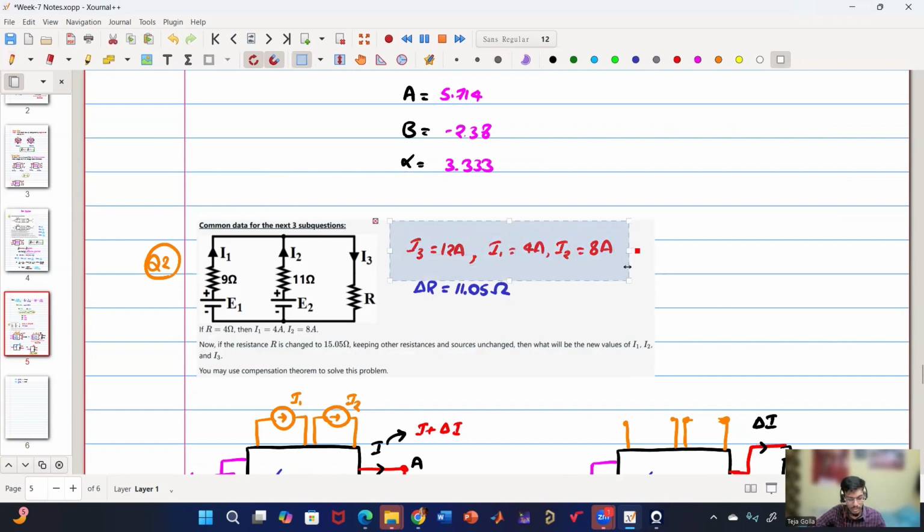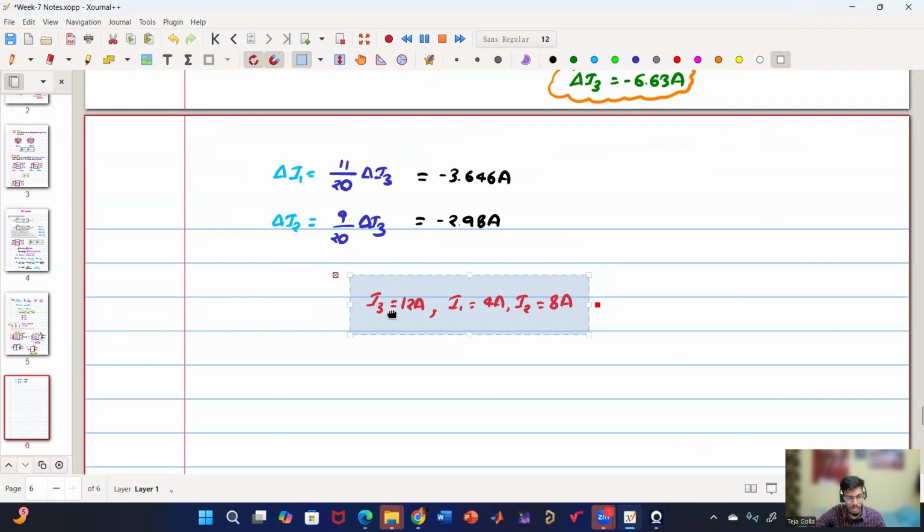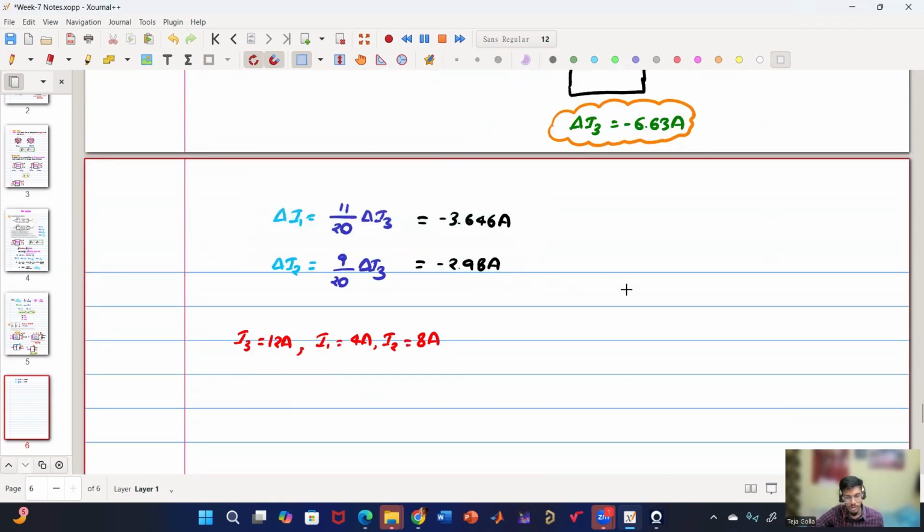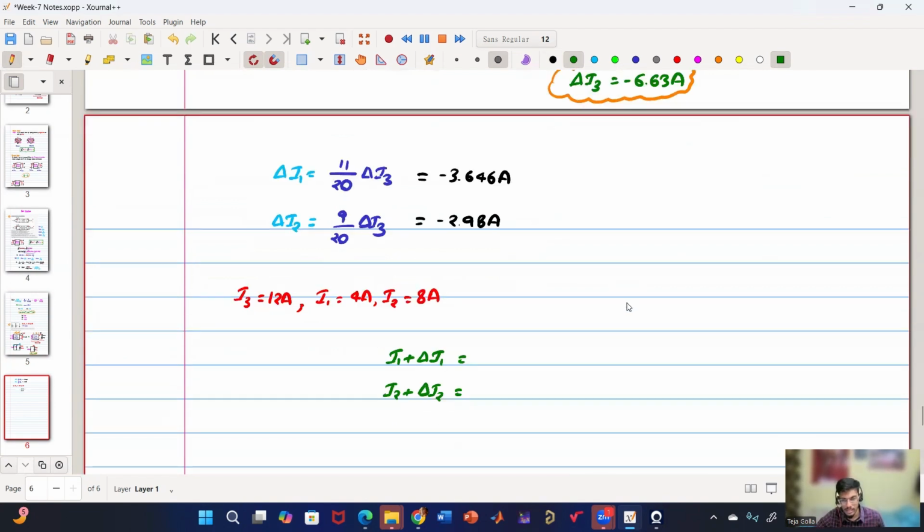So let us copy these values, whatever we got. So this is I1, I2, I3. Now I want I1 plus delta I1. Someone please calculate and tell me I2 plus delta I2 and I3 plus delta I3.